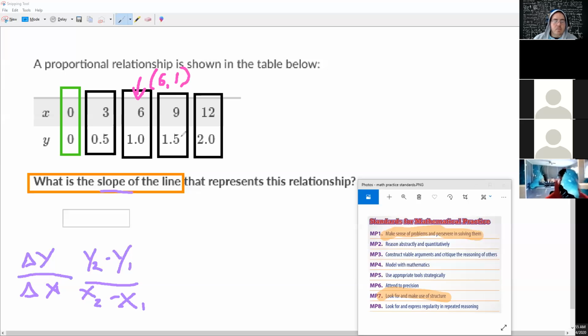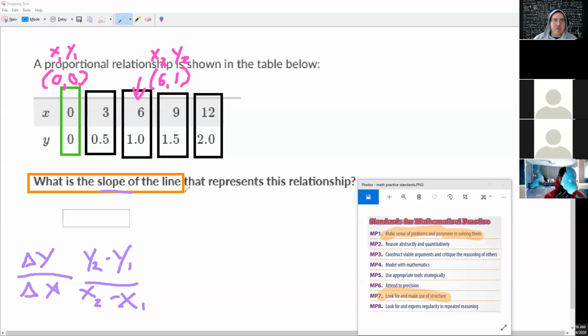Those are going to be our x2 and our y2. Our x1 and y1 are both 0. And that's what makes this so simple.